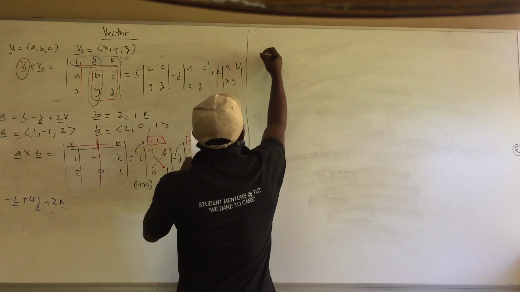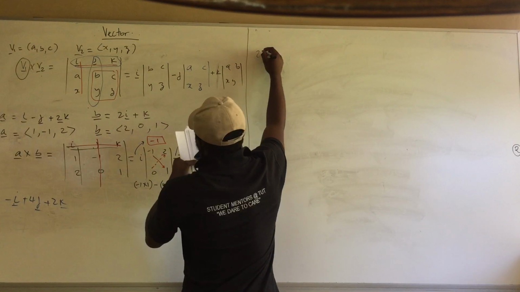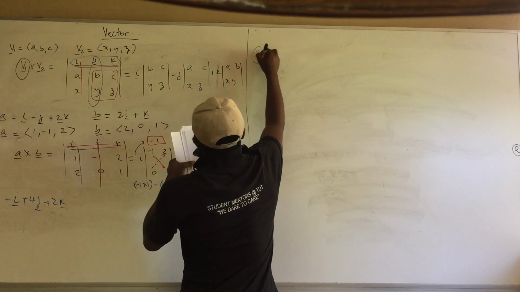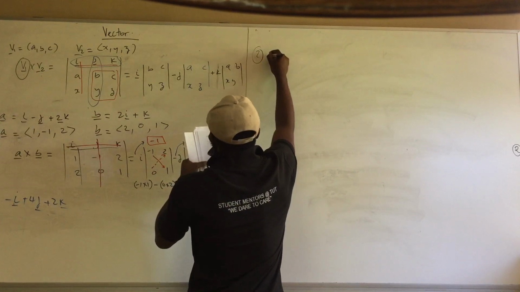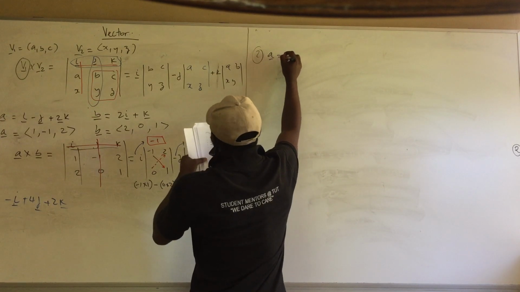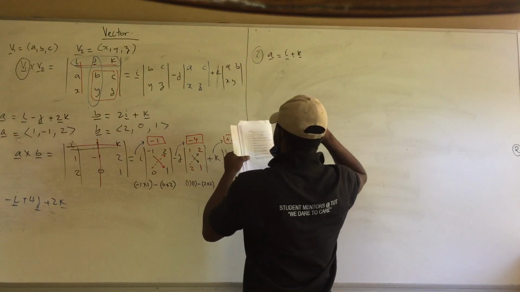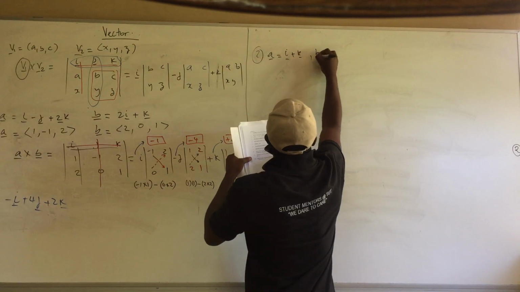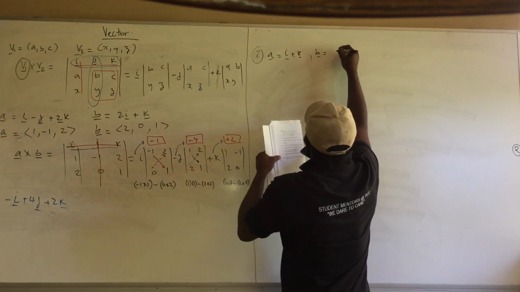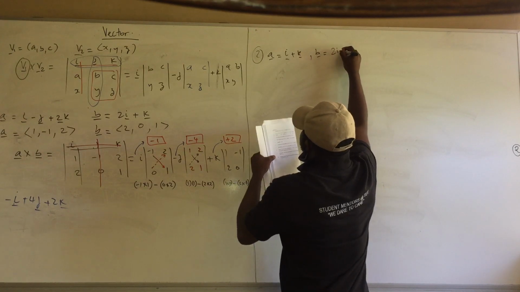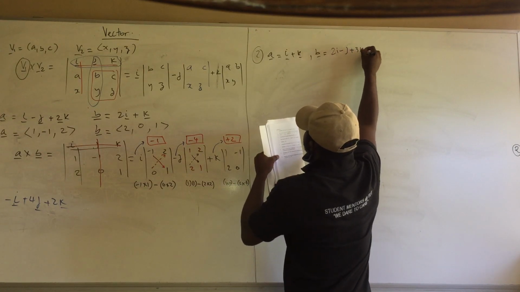So I'm adding question 2, which is A equal to I plus K, alright? And then vector B equal to 2I minus J plus 3K.